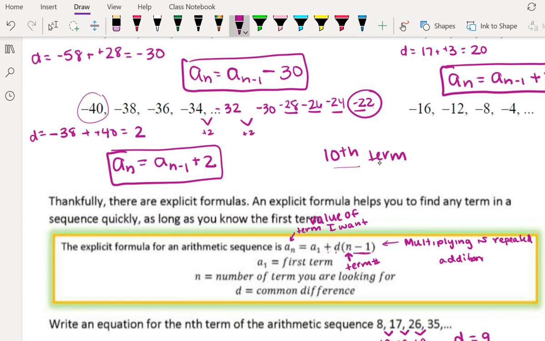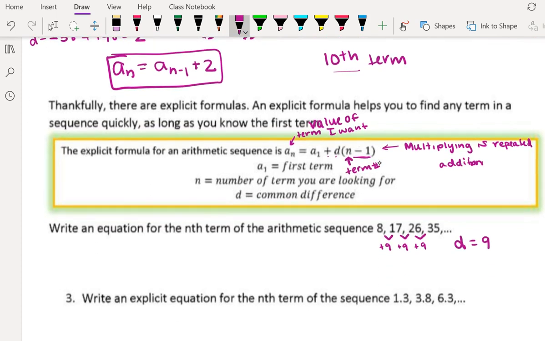Okay, that's why there's the n minus 1. And I have to start somewhere. So remember, the initial value is like our y-intercept when we're talking about graphing linear equations. An arithmetic sequence, because I'm adding the same value every single time, is just like a linear function.